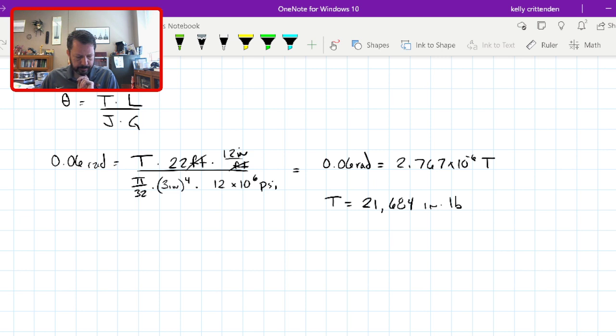All right, so the next thing we would do is power equals torque times omega, and we want to find power. The torque, what was the torque?